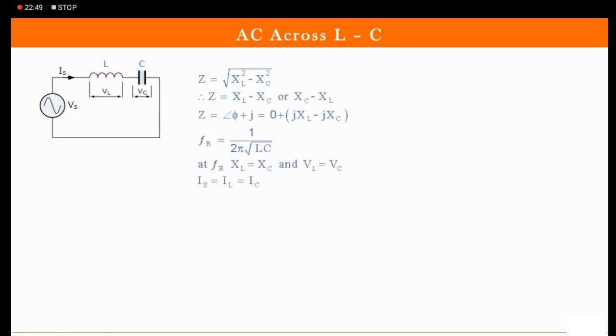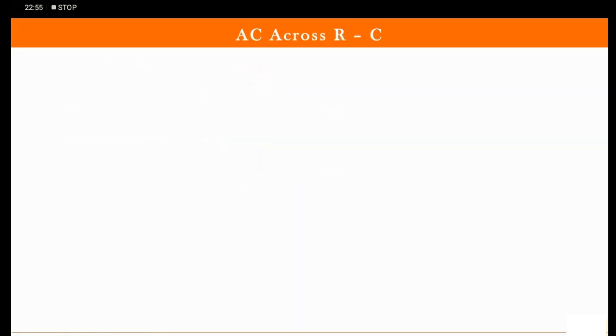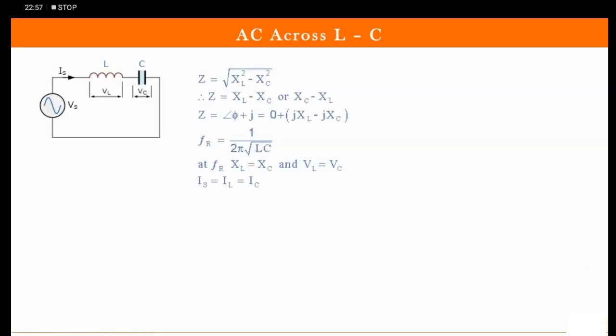Now let us see what happens when AC is applied across the combination of L and C. Now you might have got the idea by now. So Z is XL minus XC. I'm so sorry, yes, XL minus XC. Now why do we have this minus sign here? Because we have an inductor and a capacitor, not an inductor and a resistor.